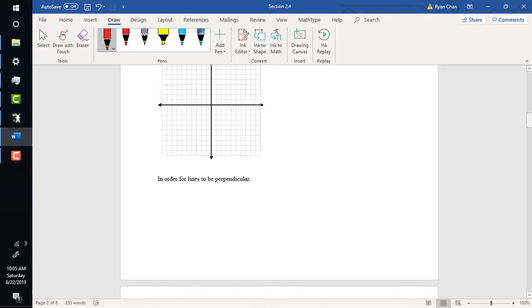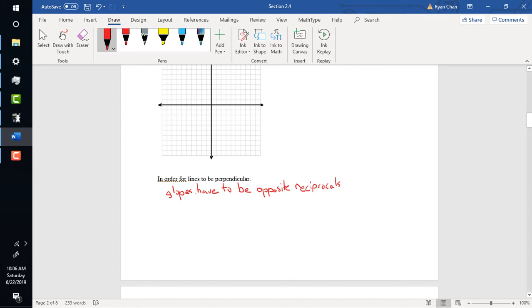So in order for the lines to be perpendicular, our slopes have to be opposite reciprocals. So what does that mean?